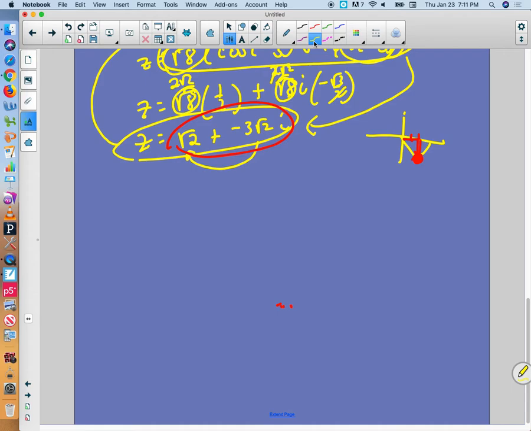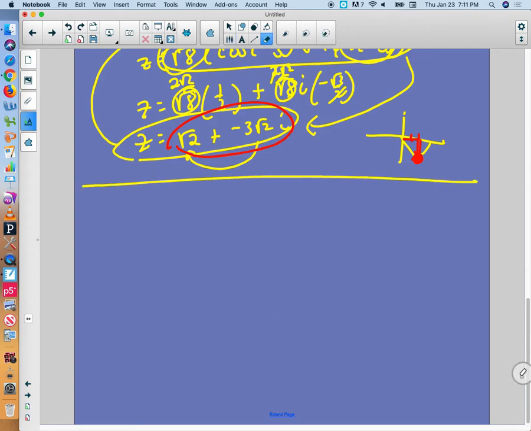You can also, if you write it in the trigonometric form, it's super duper easy to multiply. So if I want to multiply two trigonometric forms, let's say the first one would be R1 times cosine of the first angle plus i times sine of the first angle.